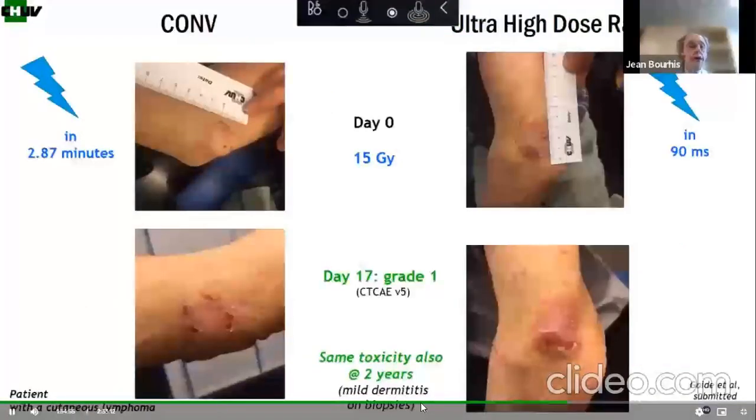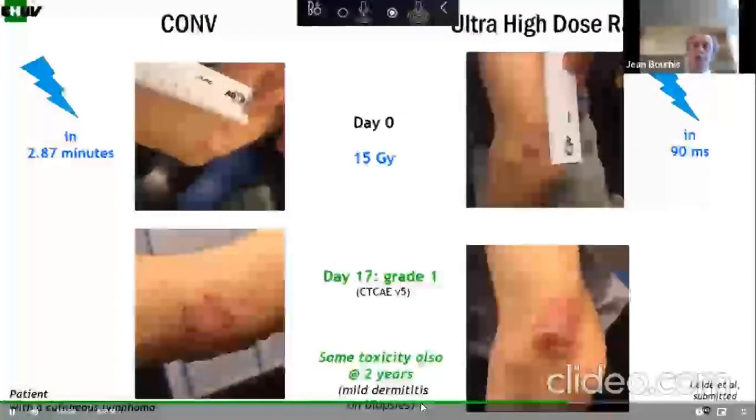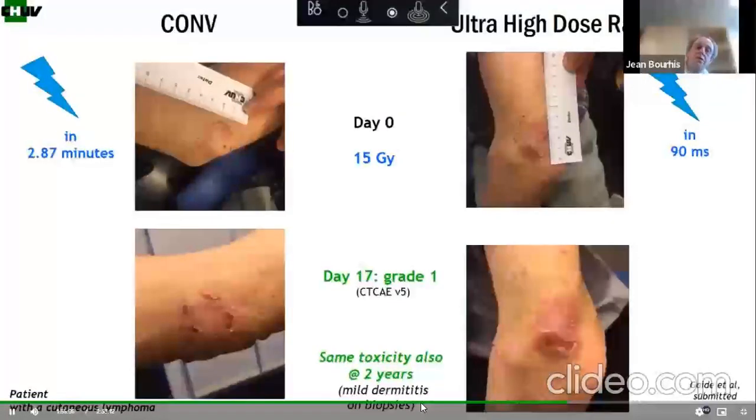And also we had the chance in one patient to compare conventional 15 gray to flash 15 gray given in 90 milliseconds. And as you can see probably on this slide, the reactions that we got were grade 1, both for flash and conventional. And also, importantly, we didn't see a difference in the biopsies taken 2 years after flash and conventional irradiation.